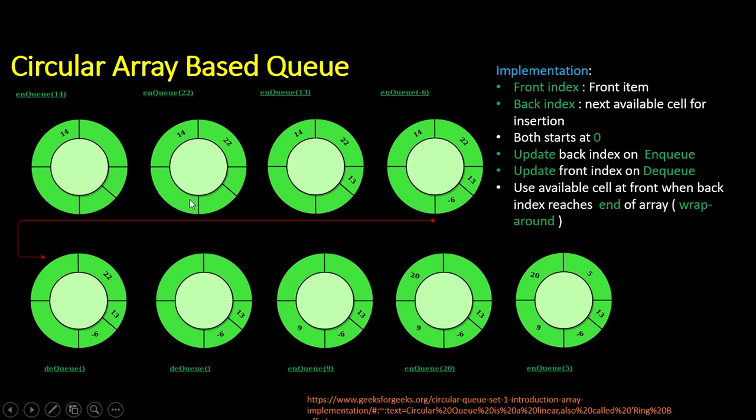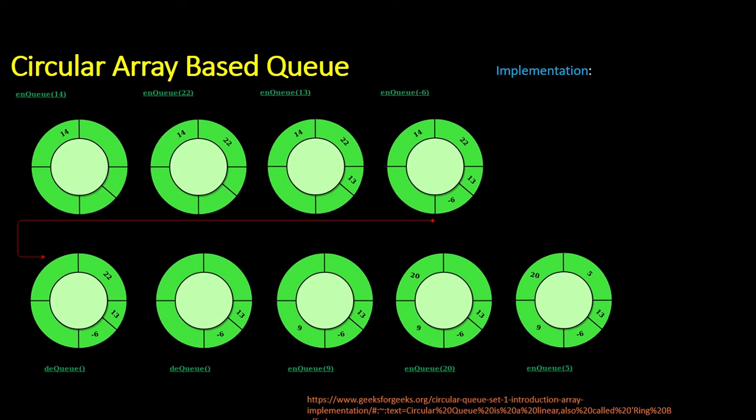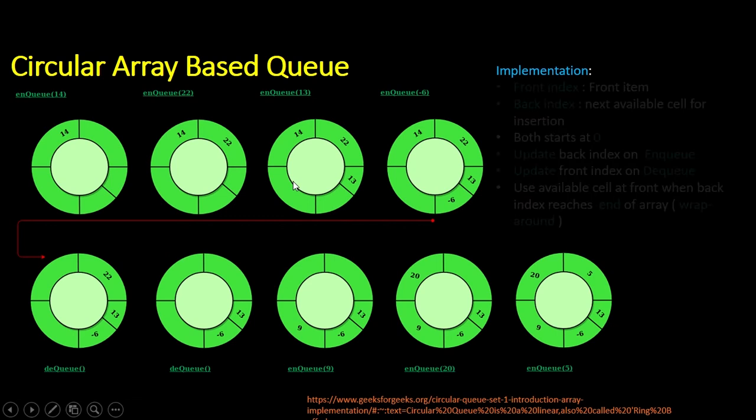At the start, when a circular array-based queue is created with no items in it, both the front index and the back index start at index 0. So in our representation here, when this was created, before the 14 was added, this cell was both the front and back index.